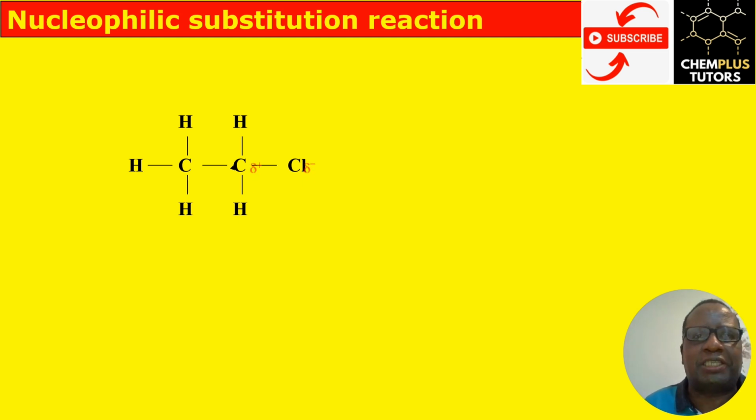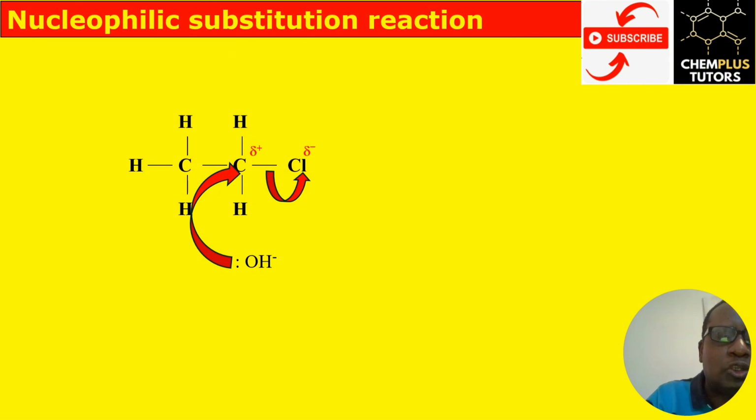Now then, if we've got a primary haloalkane, like this chloroethane, this is how nucleophilic substitution takes place. To begin with, that C-halogen bond is polar. Why? Because the chlorine is more electronegative. You've got your nucleophile, the OH minus with a lone pair of electrons, and it attacks the positive center. As that happens, the electrons being shared in the carbon-halogen bond move to the chlorine.